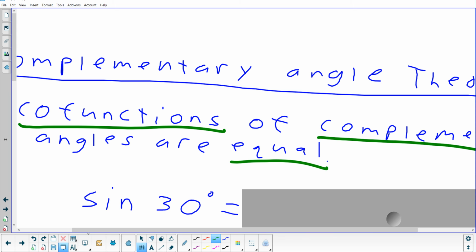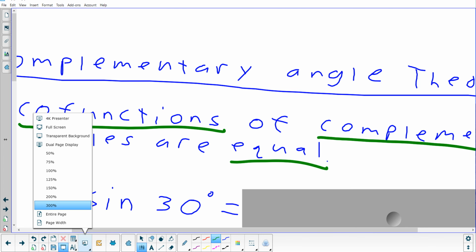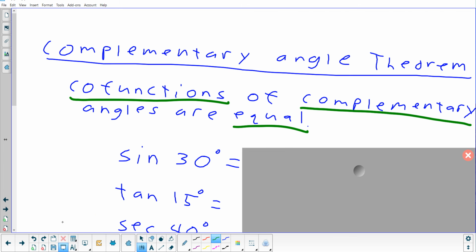So on the left, I have sine of 30 degrees. And using this theorem, I want to figure out something that it's the same as. So let's see what the theorem says. Find the cofunction, find the complement, and it will come out the same. So what's the cofunction of that?